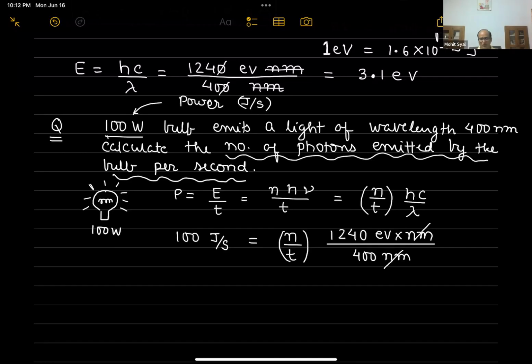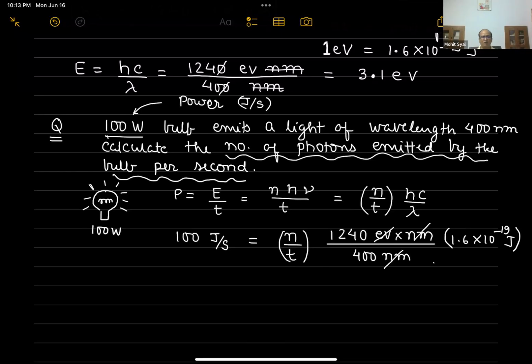But this electron volt is going to cause a lot of problem because the energy on that side is in joules. So you need to convert this electron volt: 1 eV is 1.6 into 10 to the power minus 19 joules. Got it? Is it clear?